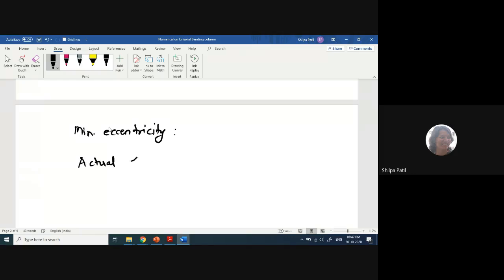So let us find out the actual e value. It will be Mu upon Pu. So what is Mu? Mu is 100, right? It is in kilonewton meter, so multiplying by 10 raised to 6. And Pu is 1500 multiplied by 10 raised to 3. Tell me the e value.